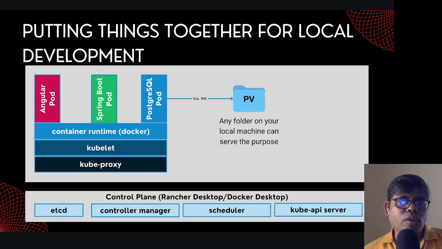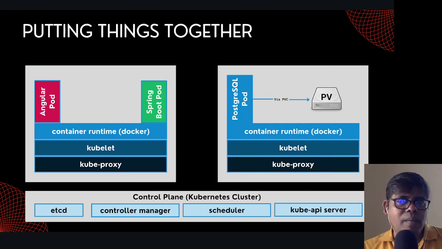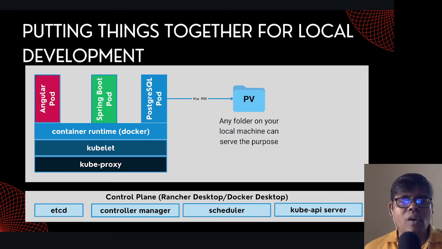Now if you want to do the same thing for local development, right? In local development you are not going to add one more disk, something like that, but you can use any folder on your local machine and it serves the purpose. So in that case, for example, you have Rancher Desktop or Docker Desktop, and you will create one folder and map that as a PV.